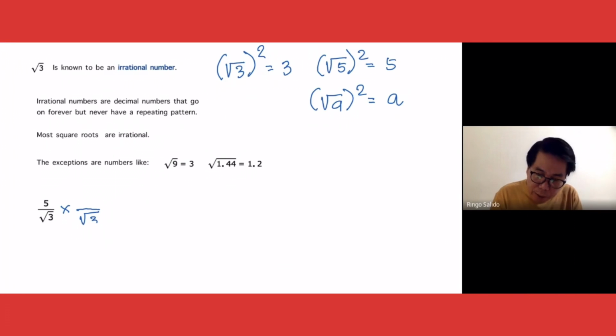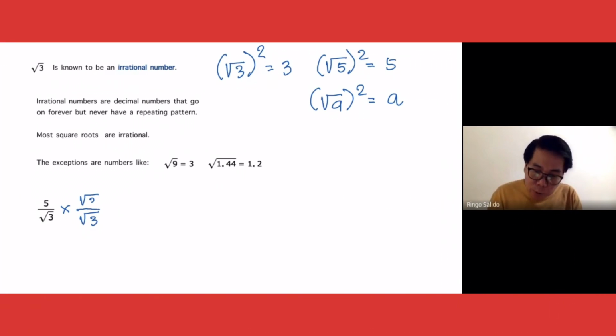So we multiply the numerator by root of 3. It's the same as root of 3 over root of 3, which is equal to 1. 1 times 5 over root of 3 will give us the same number. We did not change the value.